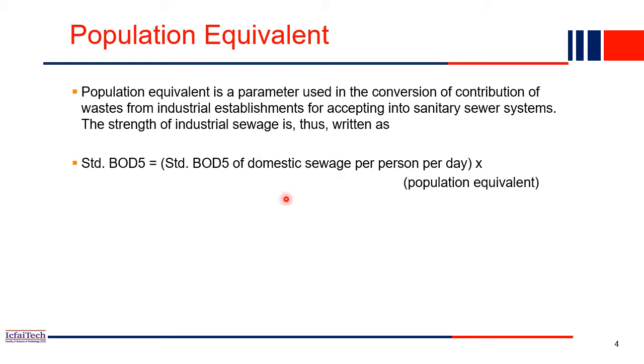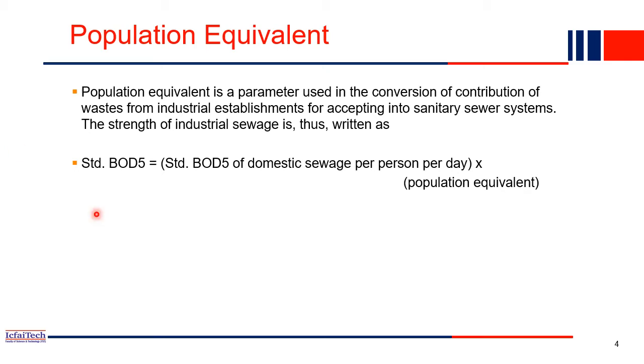The strength means some industries will produce less toxic sewage, whereas some industries will produce very highly toxic sewage. How much the strength of the industrial sewage is can be calculated using the BOD term. BOD is nothing but biochemical oxygen demand. We'll be discussing this parameter in detail in the upcoming lectures also.